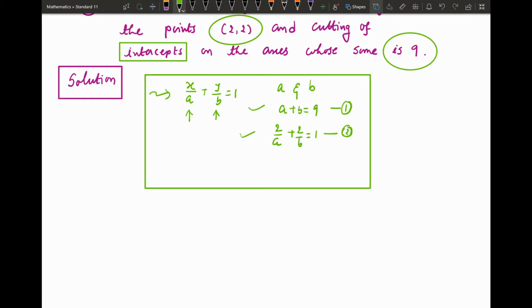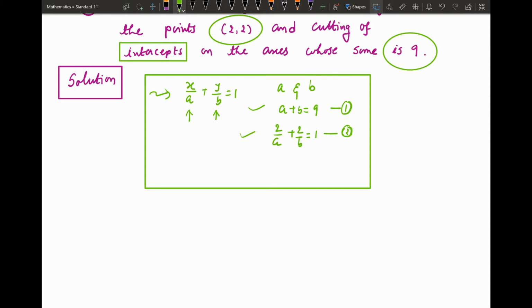Again, intercepts are given, so we have used intercept form x by a plus y by b equal to 1. A and b are unknown. A is x intercept, b is y intercept. Now since we have given sum is 9, so a plus b equal to 9, that is our one equation.